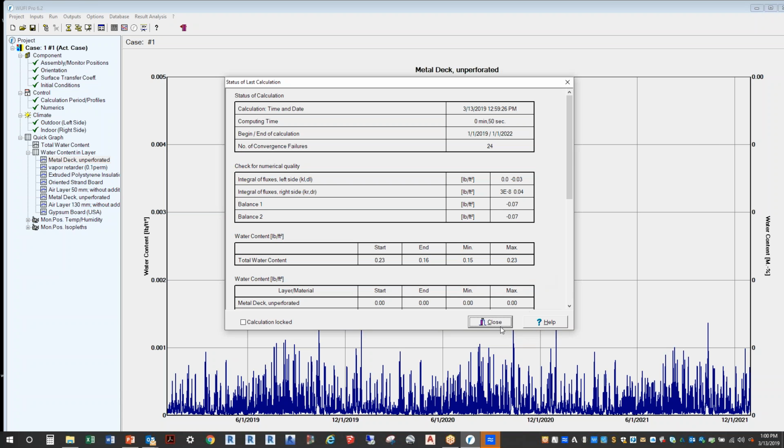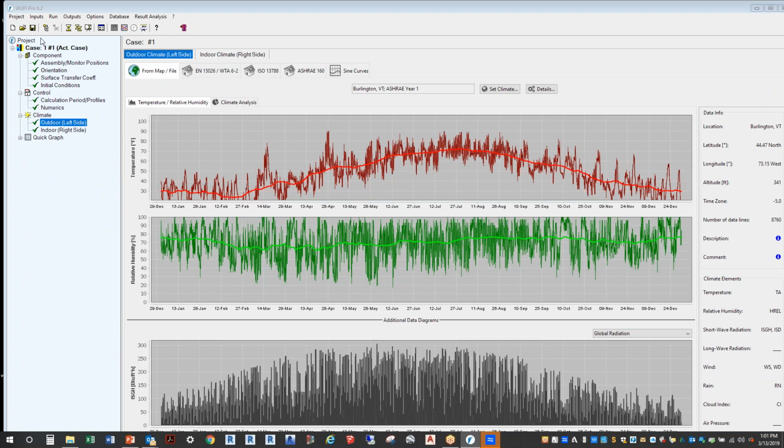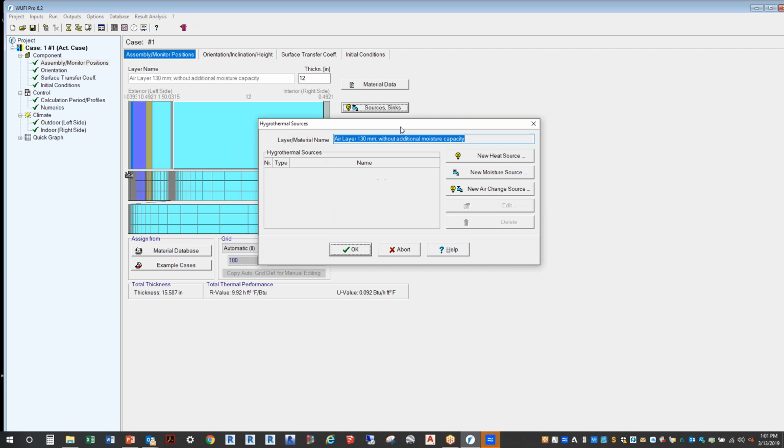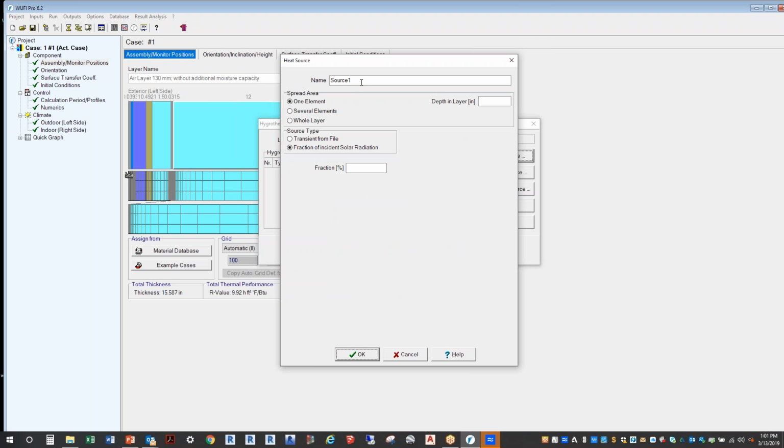So it's 1 o'clock, but back to here, you know, you could add, if I select that airspace, you can make that a heat source if you wanted to.